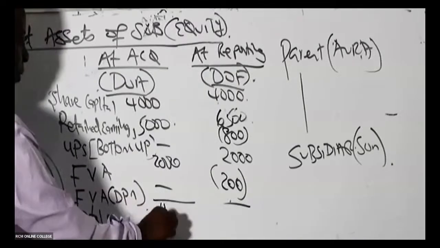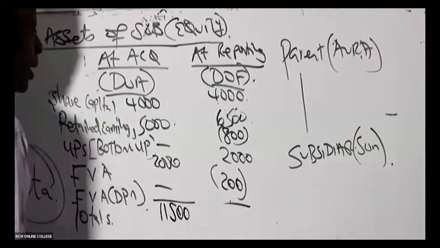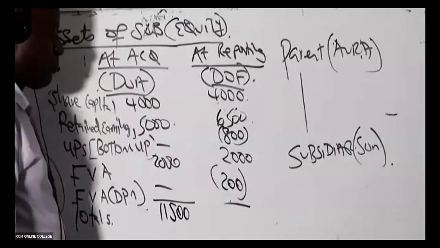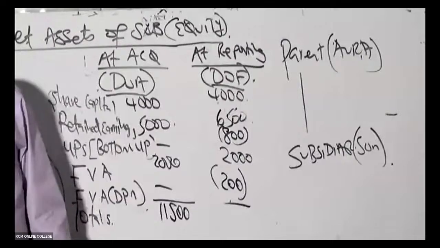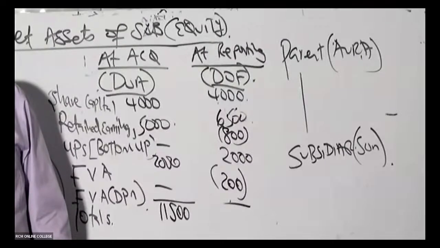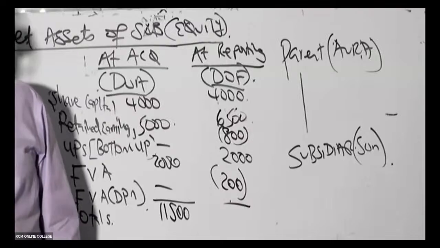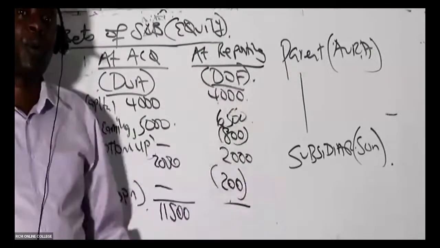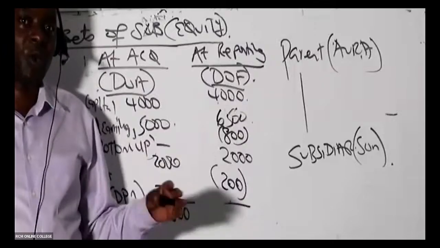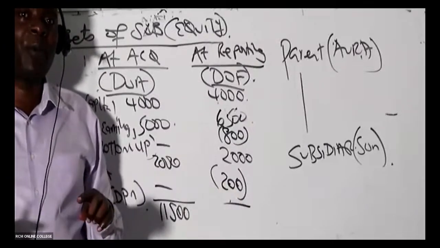Quite unfortunate. So in this case here, the totals, we have 11,500. How about at reporting? Remember, we don't bring the percentages here at all. If you're using this approach, you don't use the percentage at all. Percentages normally will come when you are sharing profits.